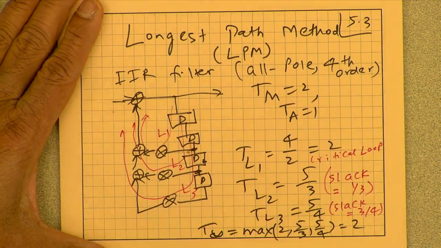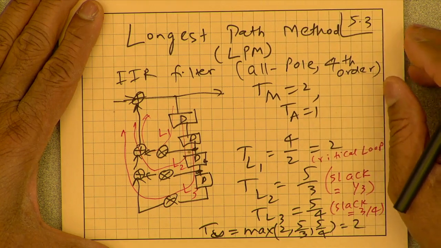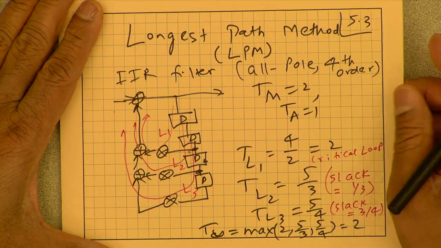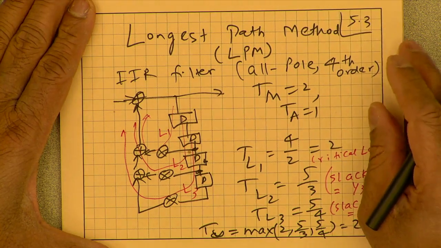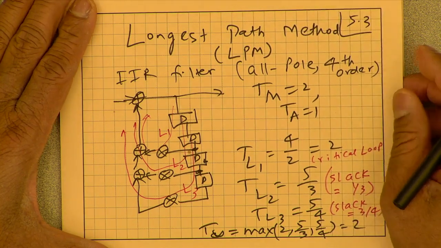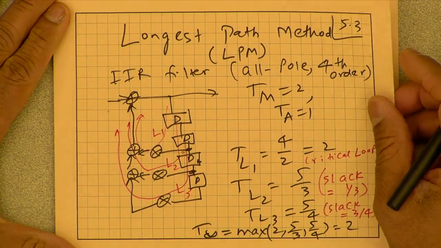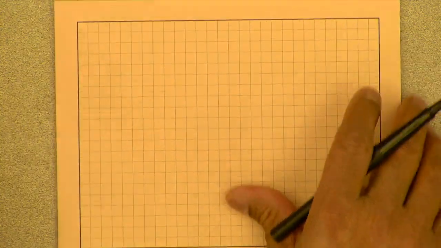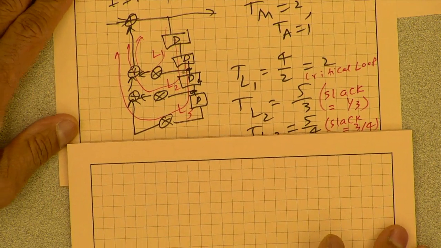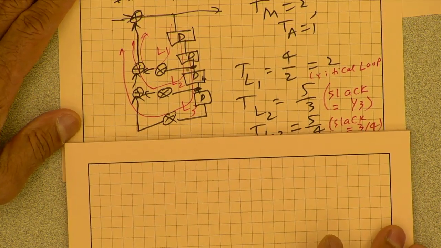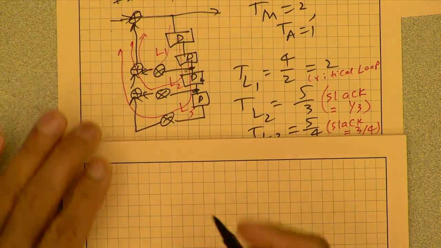That's great for an example, and most of the time in your exams it's easy to compute these things. But how do we use this longest path matrix method to develop an algorithm that can compute this in polynomial time? The first step is to compute a flow graph.